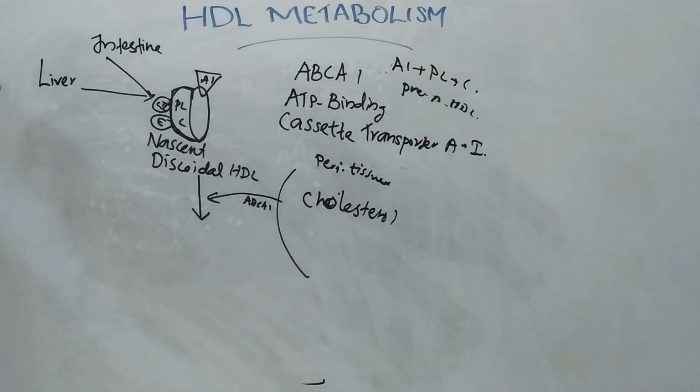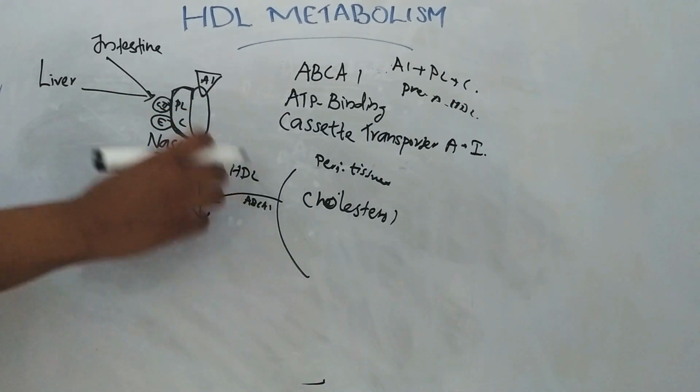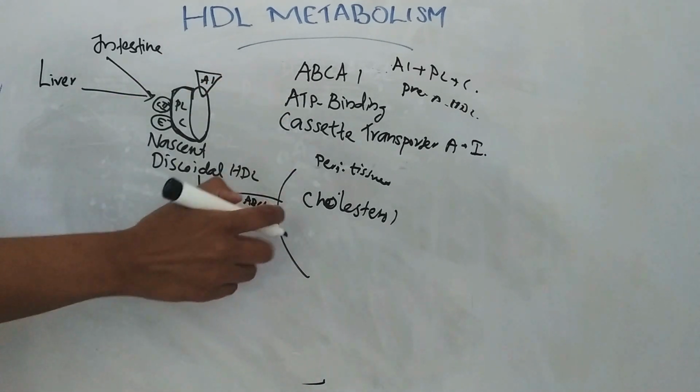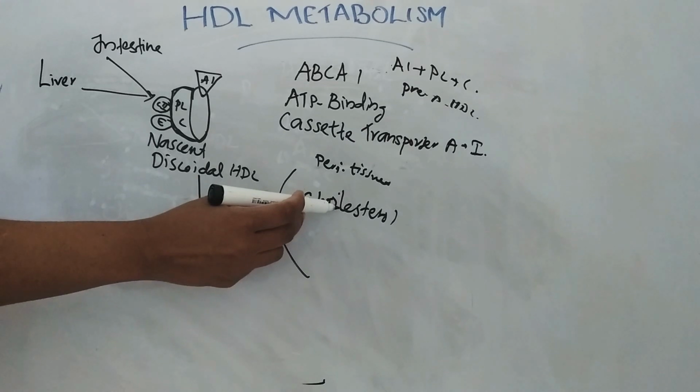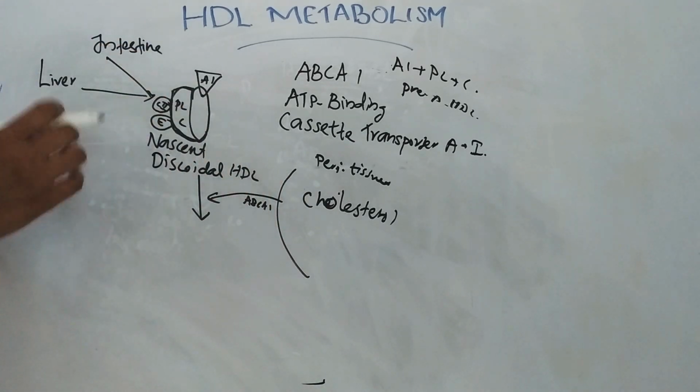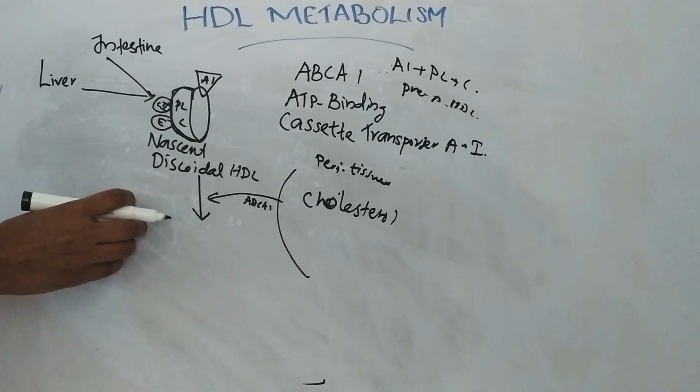This pre-beta HDL is the most potent form of HDL that will induce cholesterol efflux from tissues. So this ABCA1 receptor transfers cholesterol from peripheral tissues to pre-beta HDL or ApoA1 or to this nascent discoidal HDL.